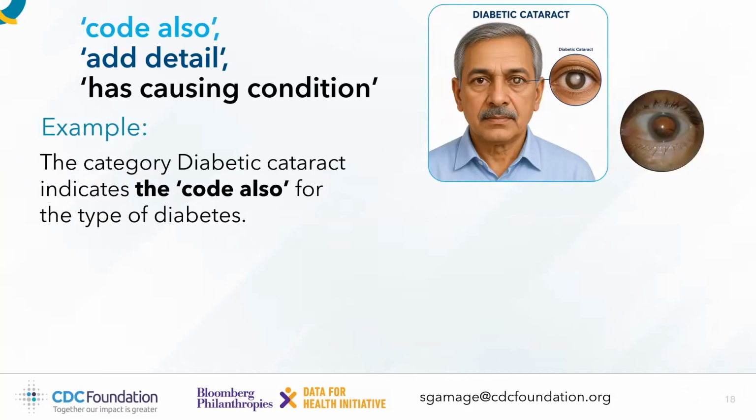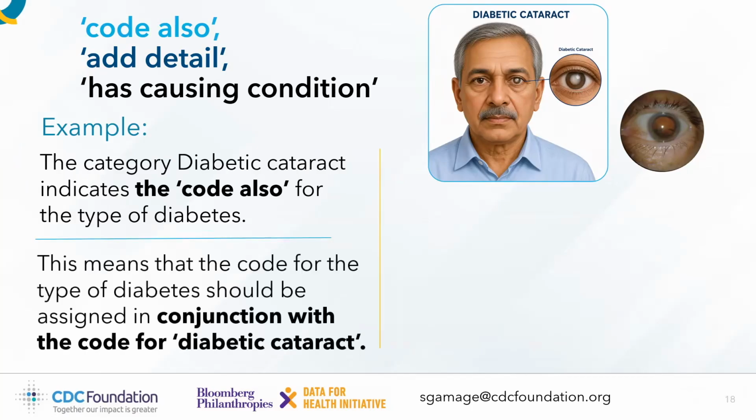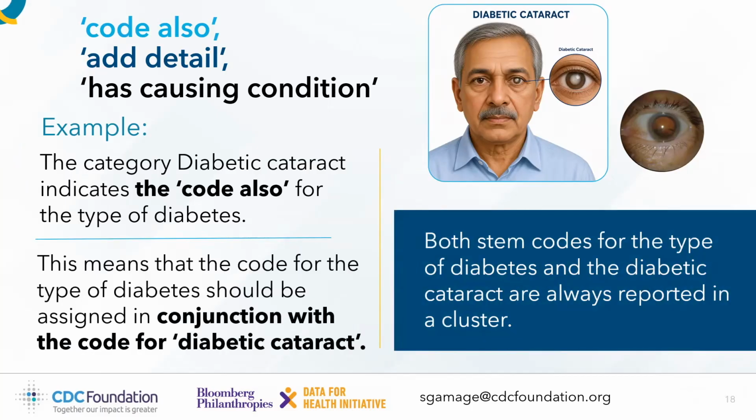For example, the category diabetic cataract indicates the code also for the type of diabetes. This means that the code for the type of diabetes should be assigned in conjunction with the code for diabetic cataract. Both stem codes for the type of diabetes and the diabetic cataract are always reported in a cluster.